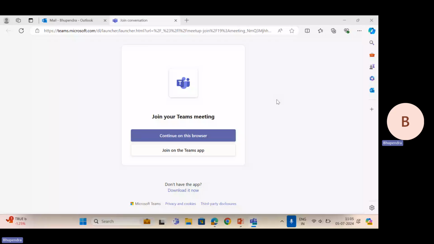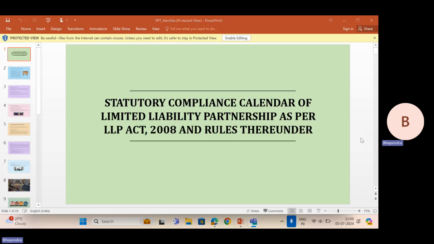Now, what will be the procedure to incorporate? First, application for digital signature. All the designated partners of the proposed LLP shall obtain designated partner identification number, DPIN. Now we need to file e-form DIR3 in order to obtain DIN or DPIN. In case you already have a DIN, the same can be used as DPIN.